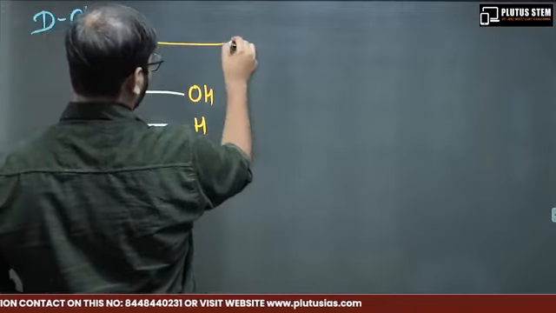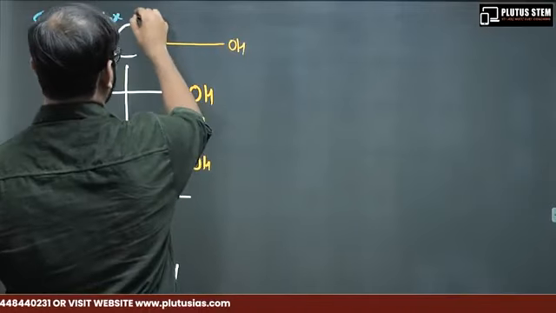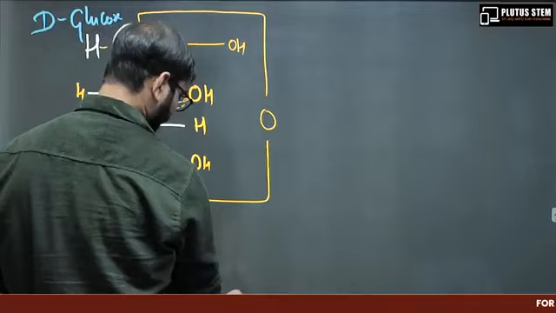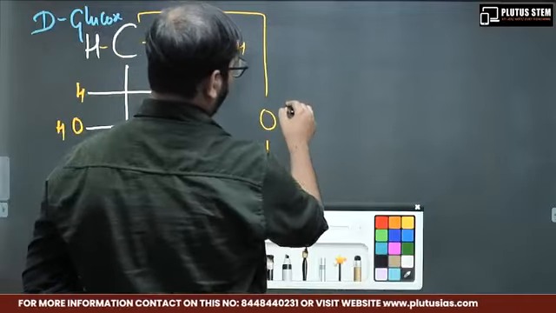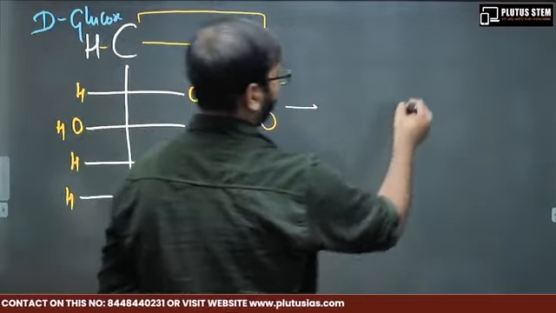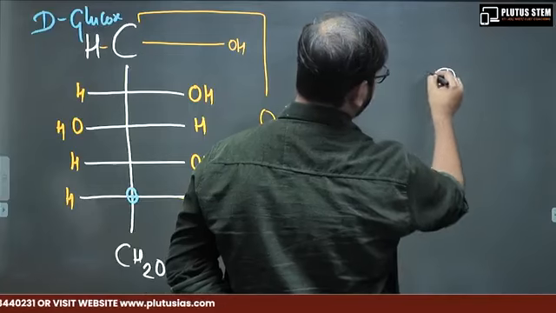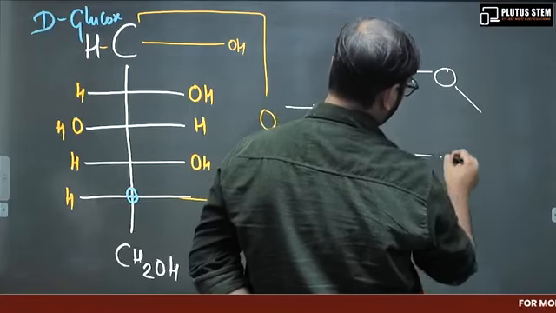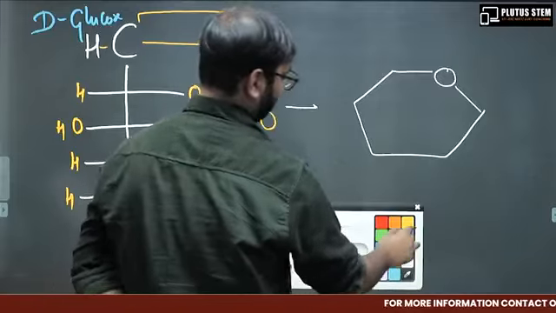This OH should be here, and this is my cyclic ring. So, first thing, make a 6-membered ring with oxygen being the first atom: 1, 2, 3, 4. So this is a 6-membered ring.